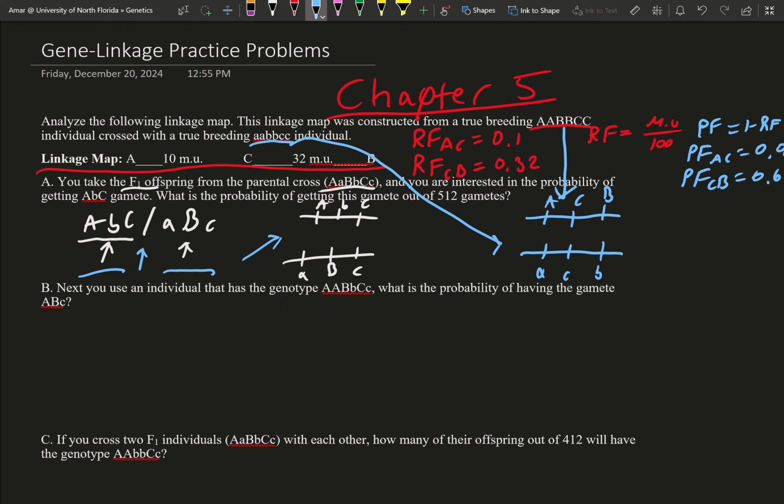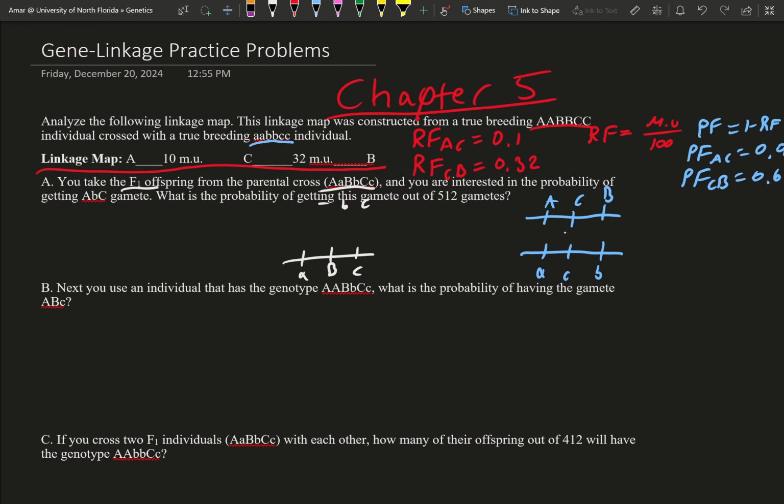Okay. Another thing that you should know is that you should always write down your linkage map, that we have in the blue right now, in the orientation that you're given in the linkage map. So if your linkage map tells you that A is closest to C, then your linkage map has to have A and C in order like that.